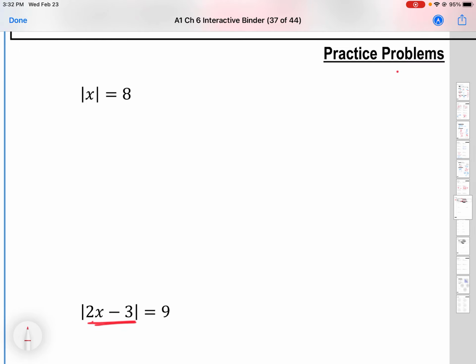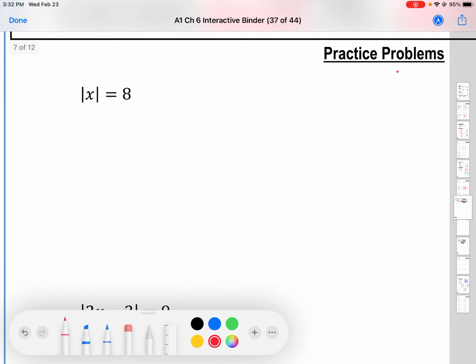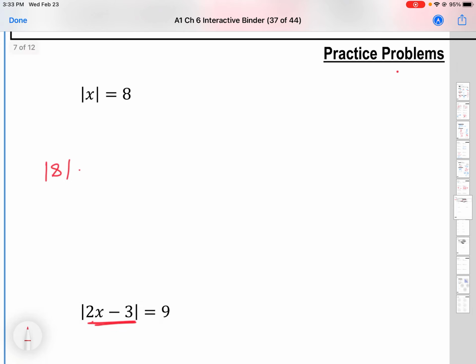And this really helps me imagine, hey, what numbers could I actually put in here for x that if I took the absolute value of it, you would get 8? Well, I know that the absolute value of 8 is 8, because it's 8 away from 0. And I also know that the absolute value of -8 is 8.